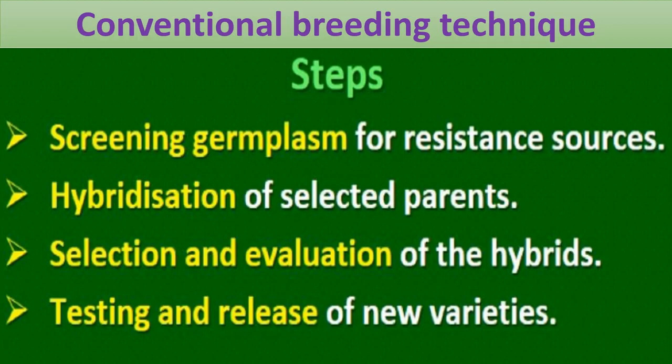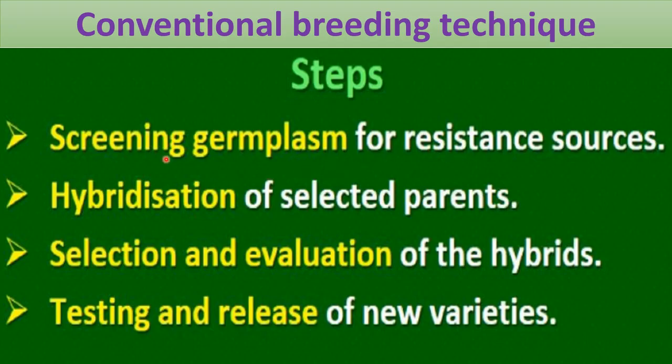So first let's see what will be the steps for the conventional breeding technique for making a plant disease resistant. So first of all, obviously there will be screening of germplasm, like you know about the first step of the conventional plant breeding method, collection of variability or collection of germplasm, right? So that germplasm is screened, that is checked. Screening of germplasm, because here we are taking a specific characteristic, that is disease resistant power of the plant. So we are talking about the resistant power only.